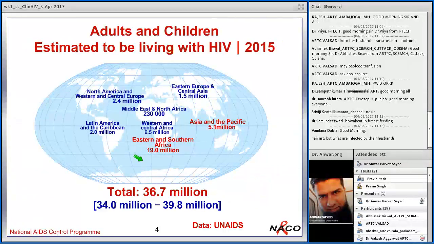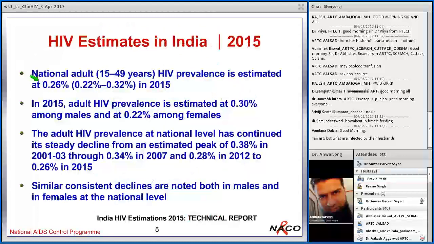This is the same thing explained in a different pictorial form. These are the two regions we are interested in, where most of the HIV positive burden is. If you look at the national scenario, percentage wise, India's prevalence is 0.26%. This was by HSS, the HIV Sentinel Surveillance survey.